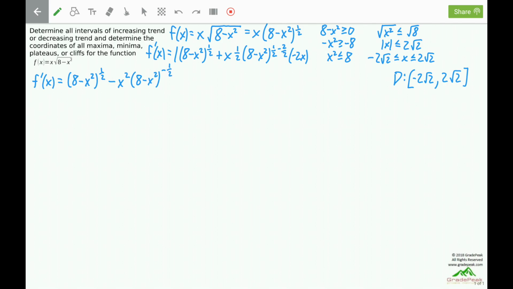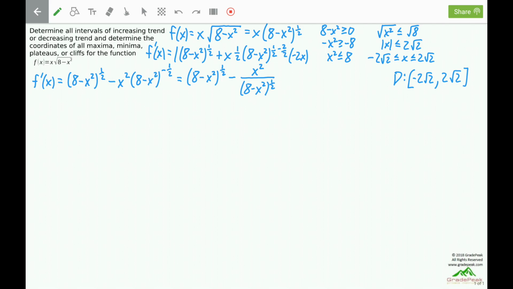Since the second term has a negative power, we will need to rewrite it to make everything a positive power. The first term we will leave alone, 8 minus x squared to the 1/2 power, minus, and in the second term, the x squared is to a positive power. It will stay in the numerator, but the 8 minus x squared will move to the denominator to become a positive 1/2 power.